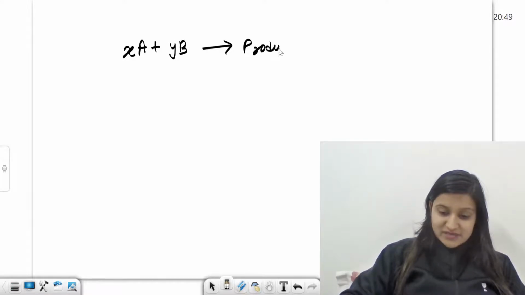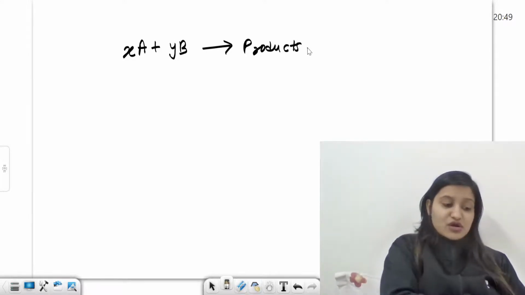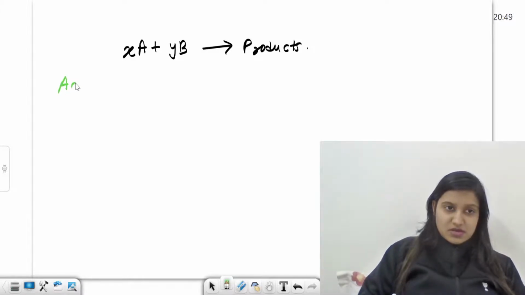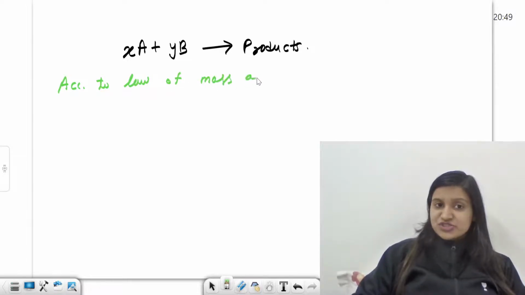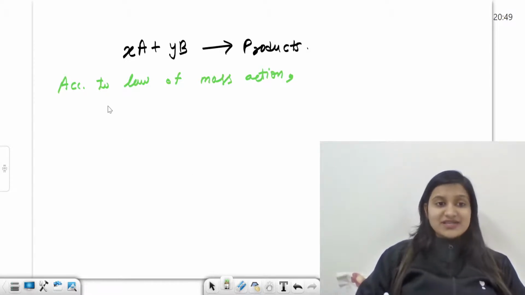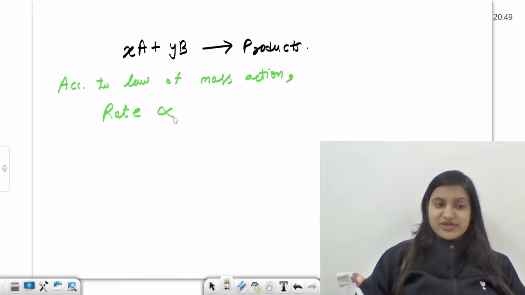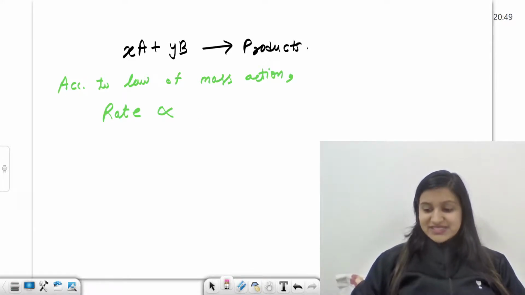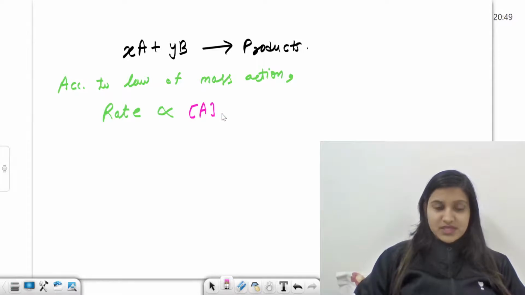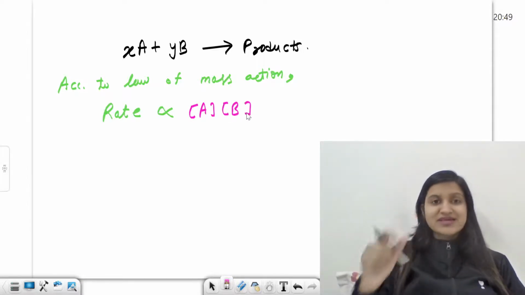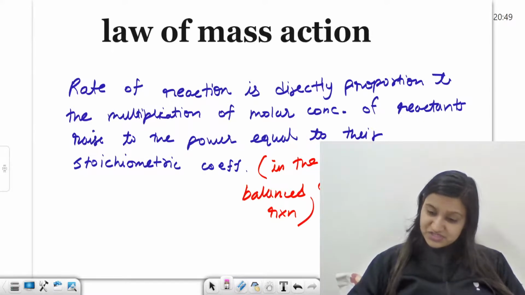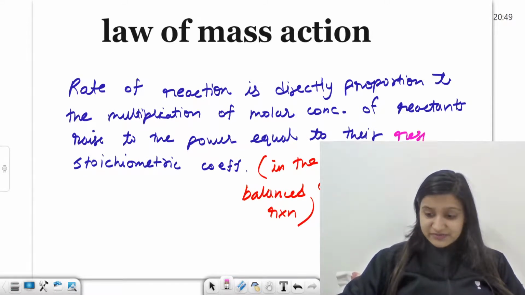According to the law of mass action, the rate is directly proportional to the multiplication of molar concentration of reactants raised to the power equal to their respective stoichiometric coefficients.